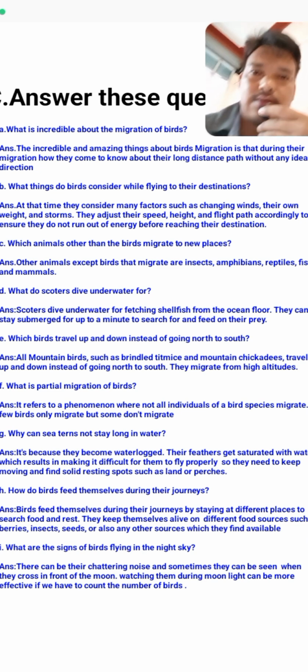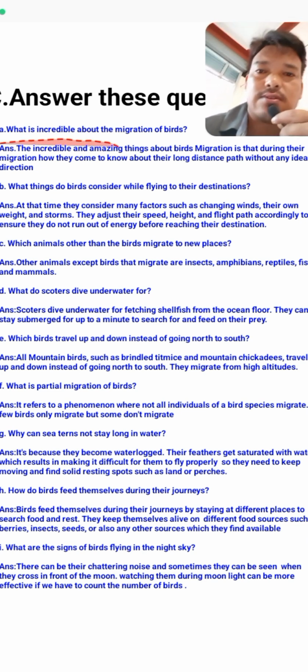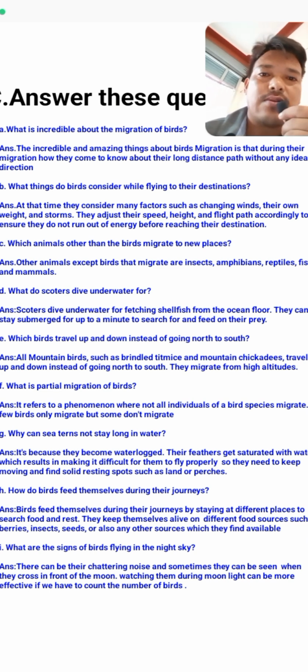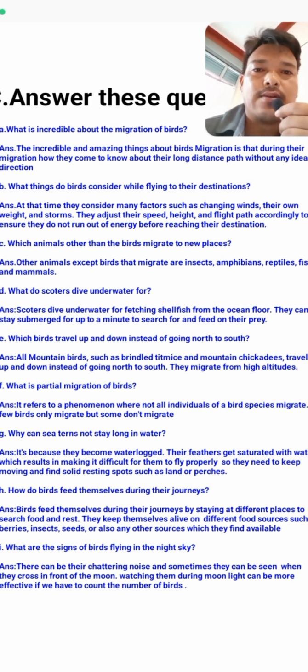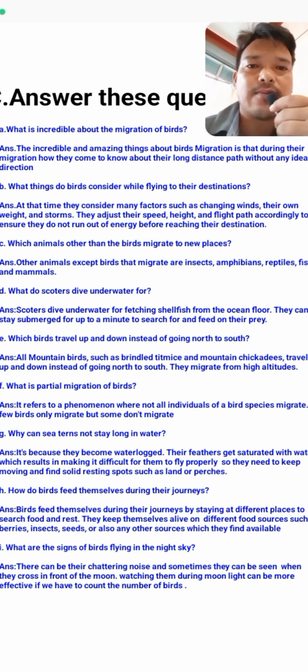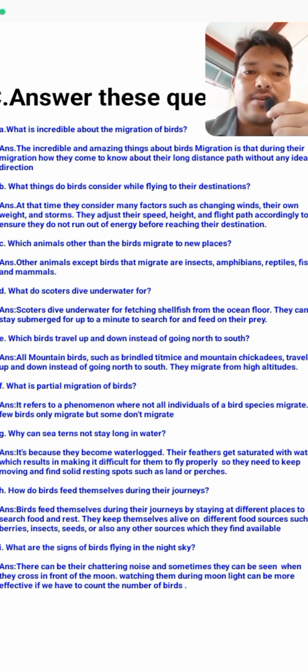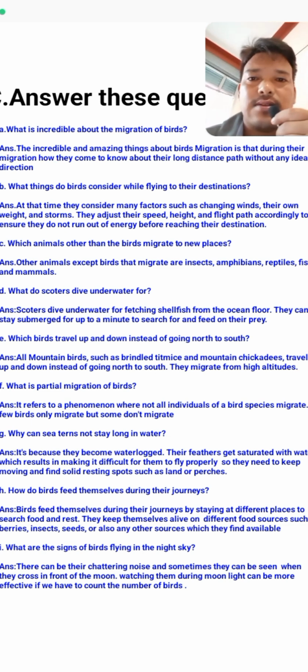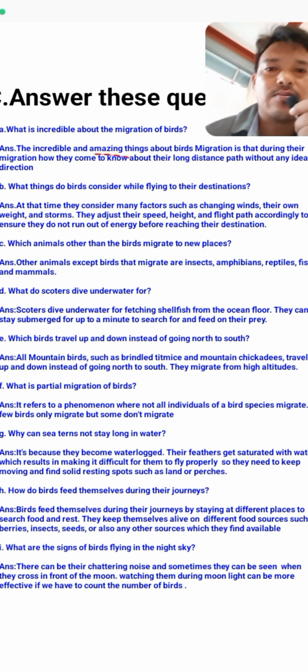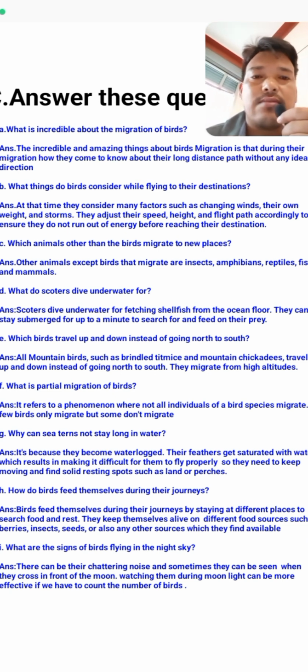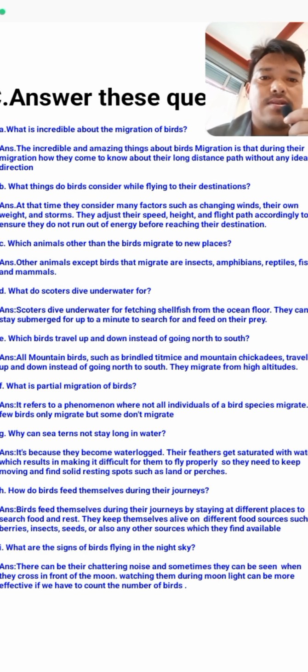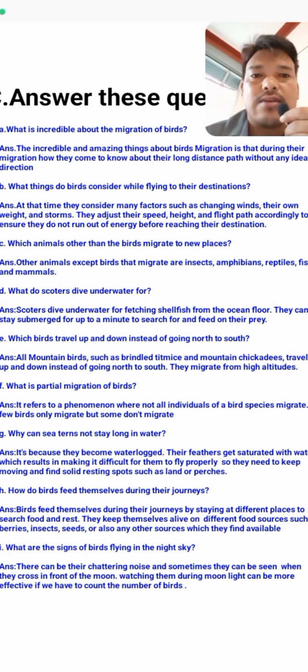Here are the answers to these questions, students. The first question: what is incredible about the migration of birds? Students, migration means to relocate, to move from one place to another. The answer is: the incredible and amazing thing about birds' migration is how they come to know their long-distance path without any idea of direction.